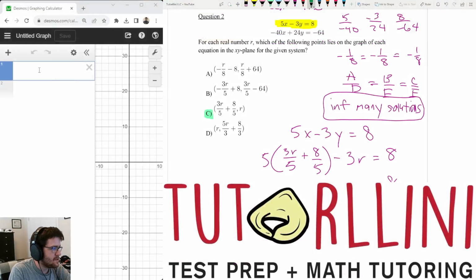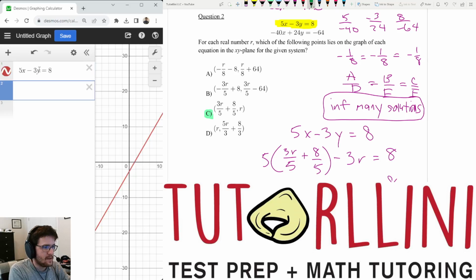incredibly easily using Desmos. So let's type in 5x minus 3y equals 8 and negative 40x plus 24y equals negative 64. And we see that they perfectly replace each other, so we know they have infinitely many solutions, so we didn't even need to do that.